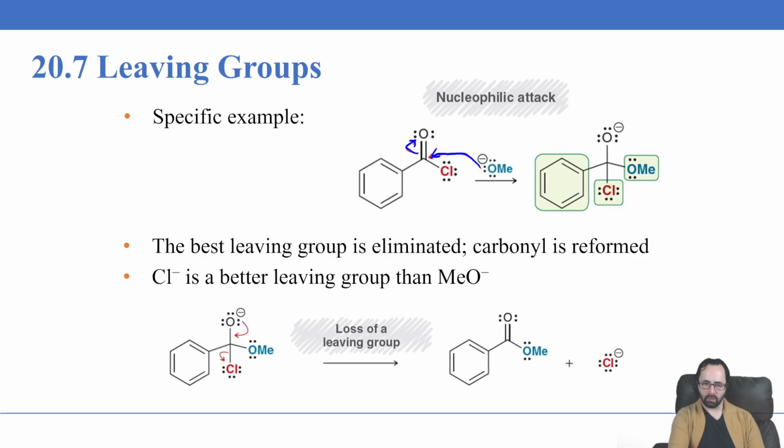Then after that's complete, we have a loss of the leaving group, reforming that carbon-oxygen double bond, and now giving us an ester rather than an acid chloride. It is going to be the chloride that leaves, because chloride is a fantastic leaving group, whereas methoxide would not be. The oxygen only stabilizes the negative charge somewhat.